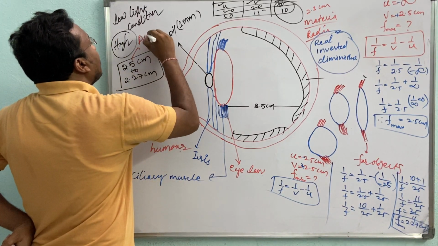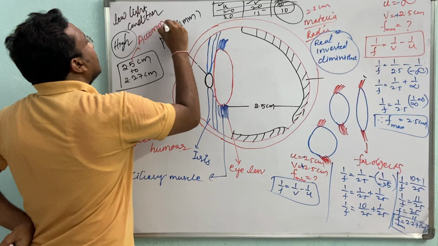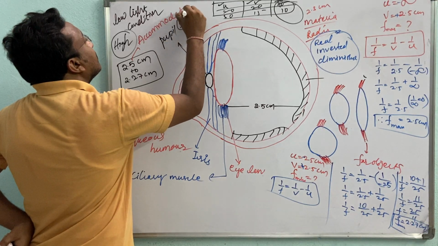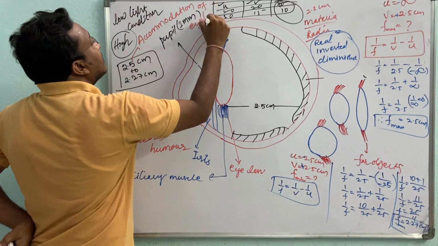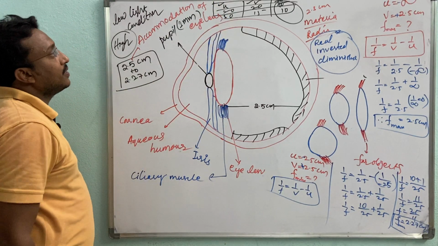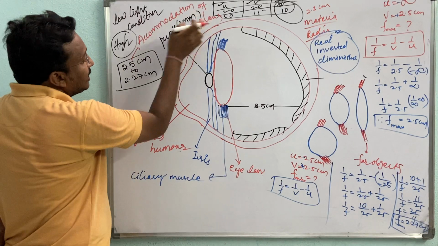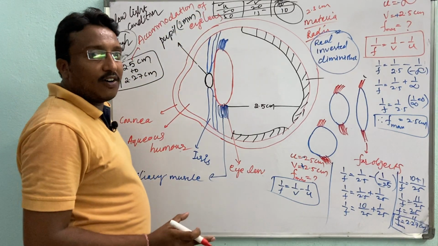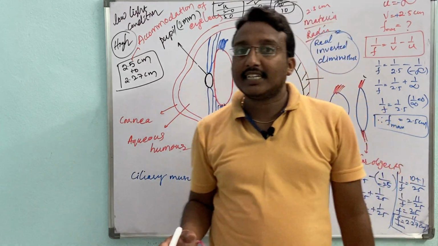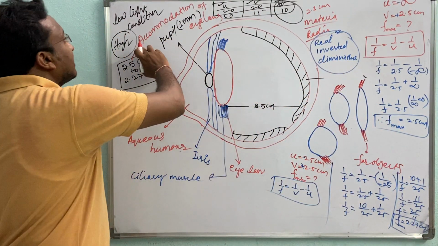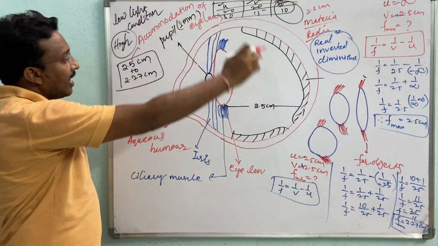What do we call it? Accommodation of the eye lens. Got it? Accommodation of the eye lens means the ability of the eye lens to adjust its focal length.